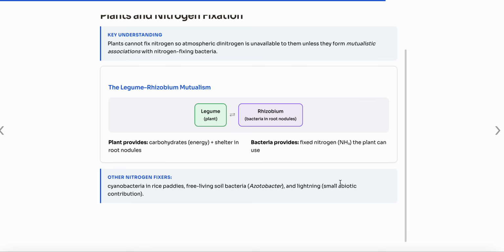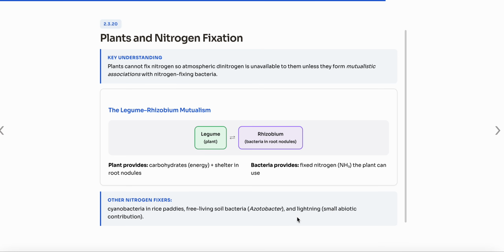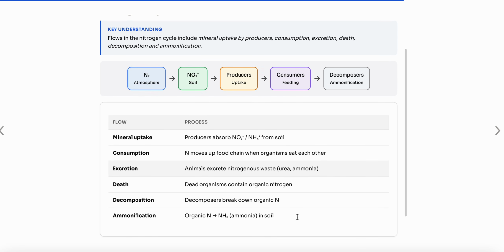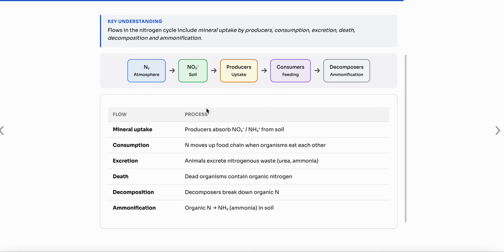So nitrogen-fixing bacteria are very, very important. Examples include cyanobacteria, azotobacter, and the lightning process. So this is the summary of the nitrogen cycle and how it happens.